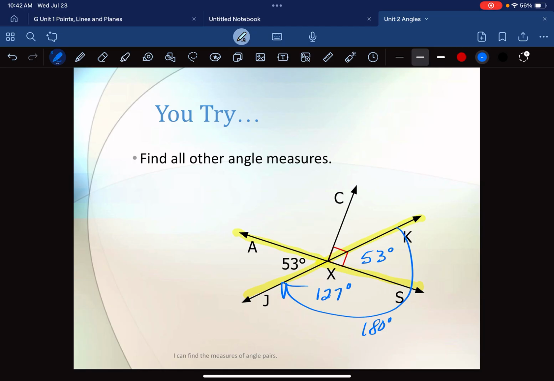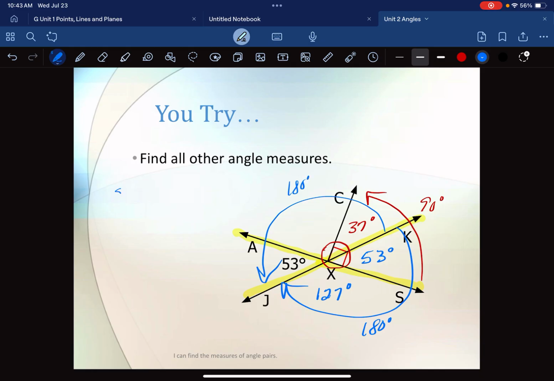Here's a right angle mark. So I know these 2 angles make 90. So I'm going to take 90 minus 53. That's going to give me 37. And then I know that this side here makes 180.